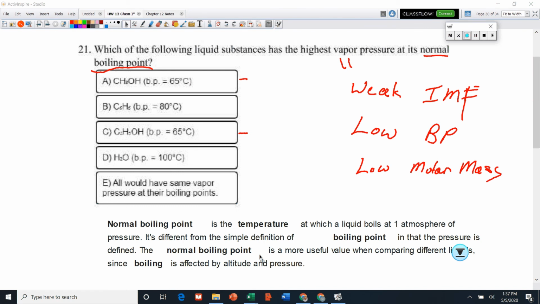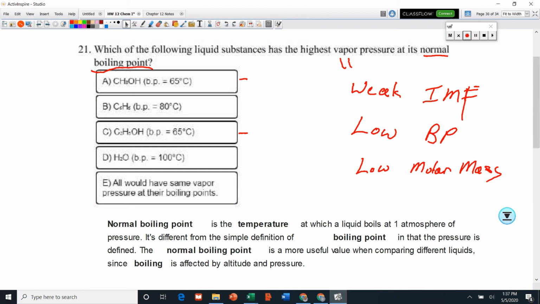Normal boiling point is the temperature at which a liquid boils at 1 atmosphere of pressure. It's different from the simple definition of boiling point in that the pressure is defined. The normal boiling point is a more useful value when comparing different liquids since boiling is affected by altitude and pressure.